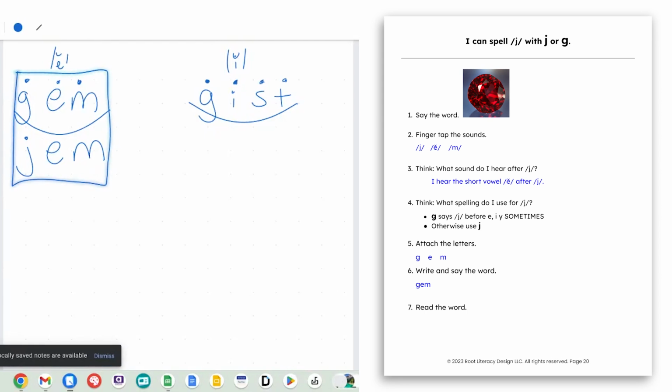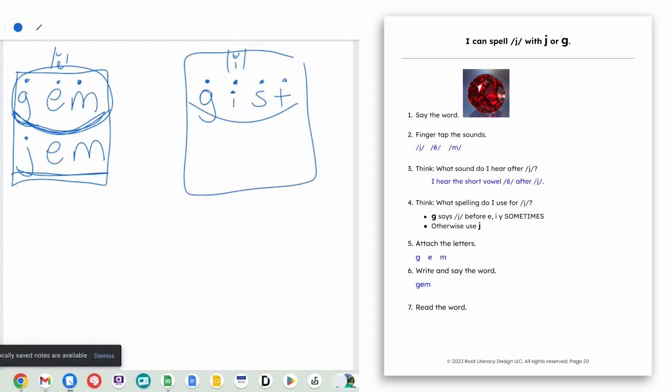If you have them spell gem with G-E-M or J-E-M, the cognitive spelling here is when they look at both of these and say, which one is correct? They should start to notice that when they spell them both next to each other, one of them is certainly the correct spelling. Let's try it again with gist.